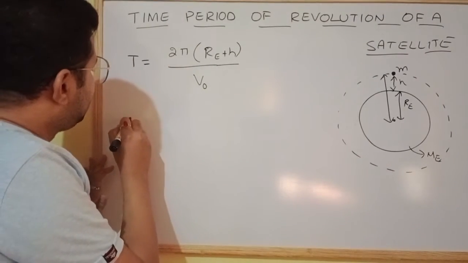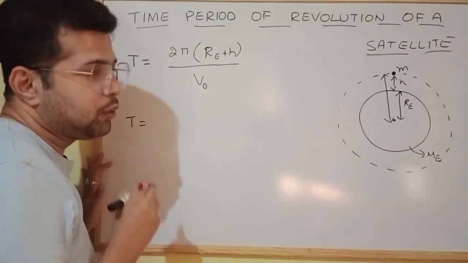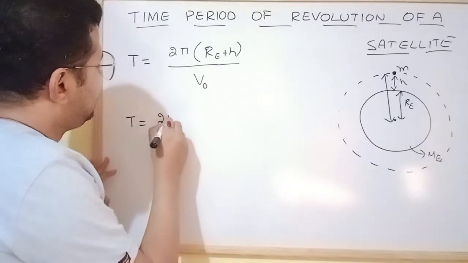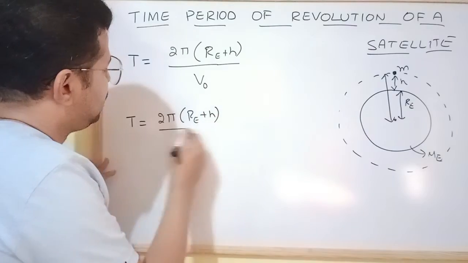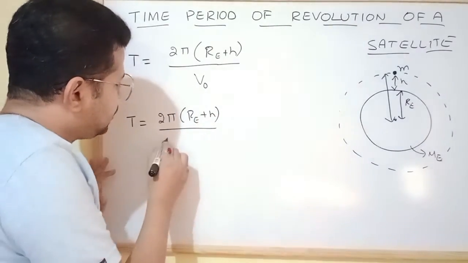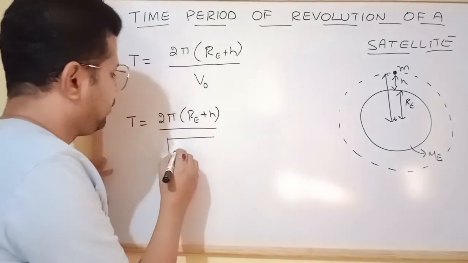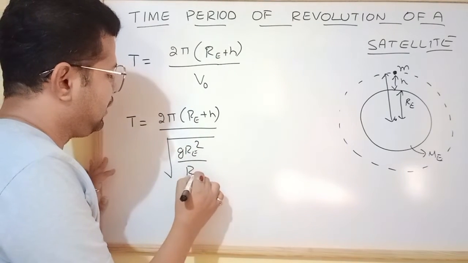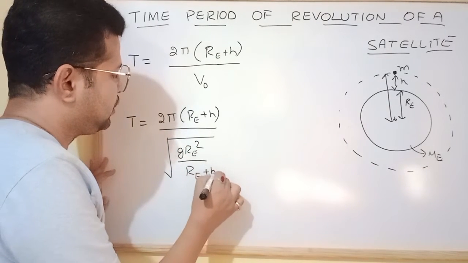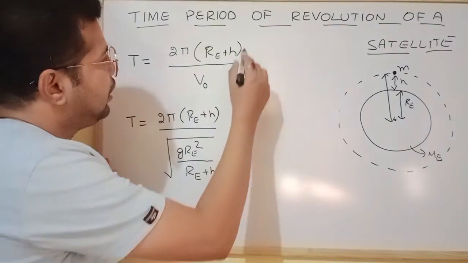We know that orbital velocity is equal to the square root of G Re square divided by Re plus h. Now what we will do?